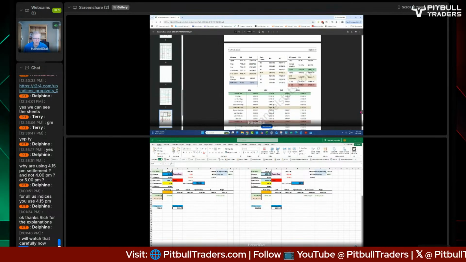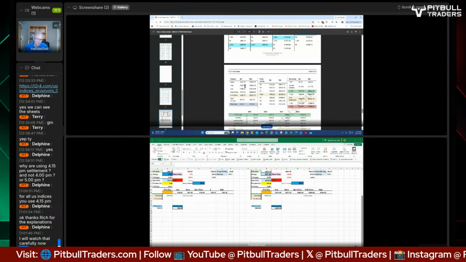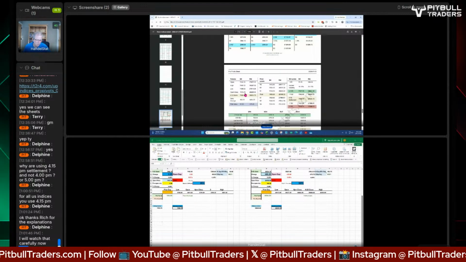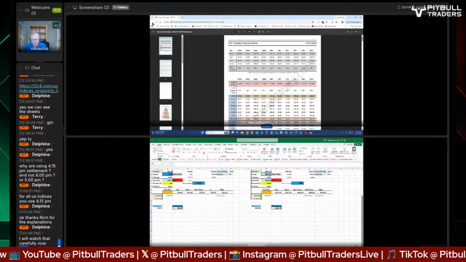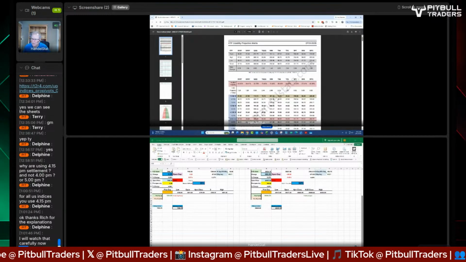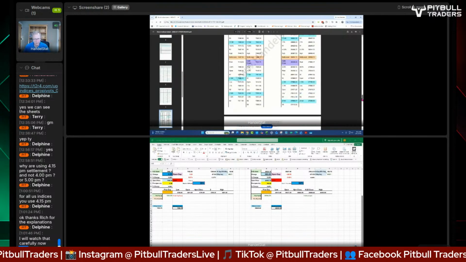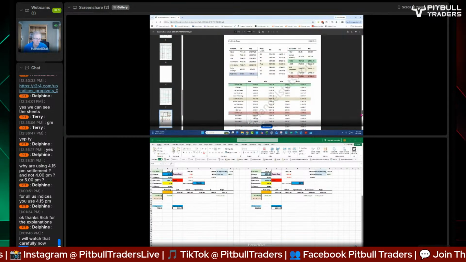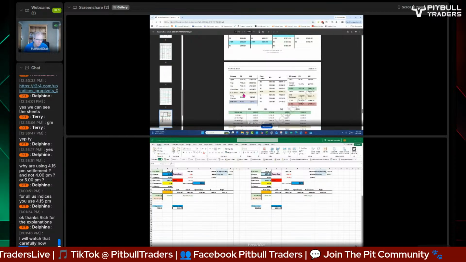So here's yesterday's open, high, low, close, cash close. 13, and the cash close was 72.75.